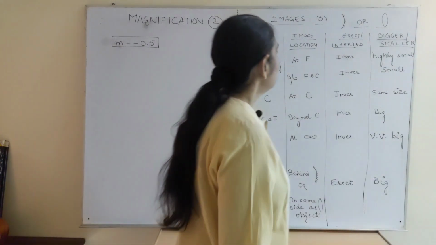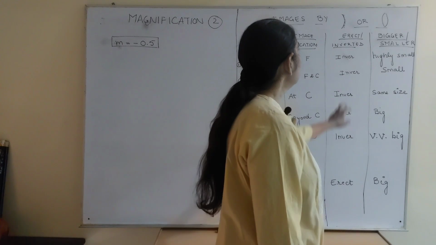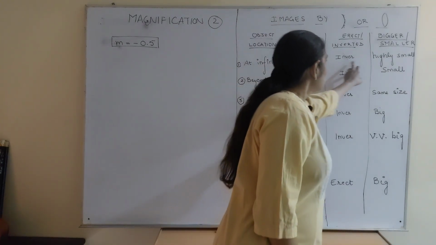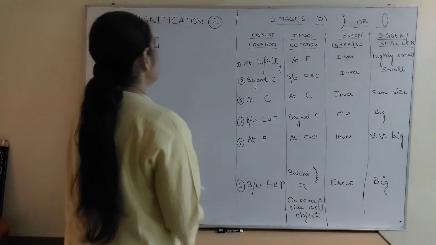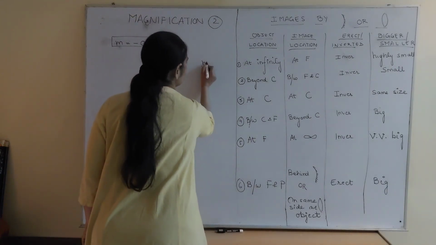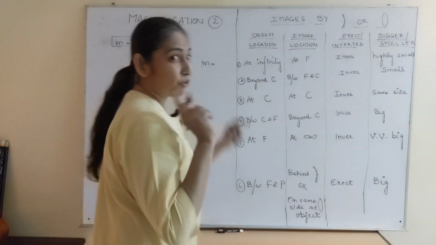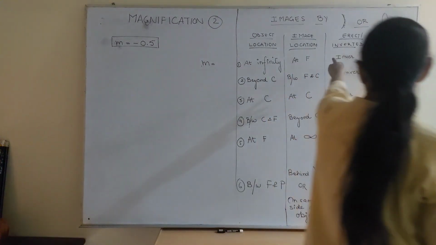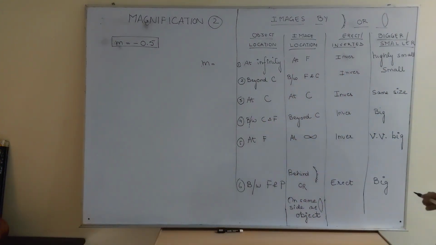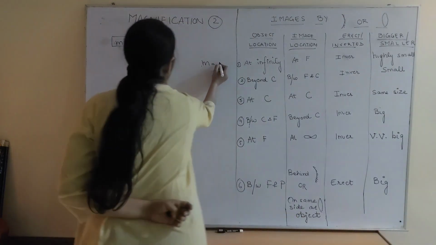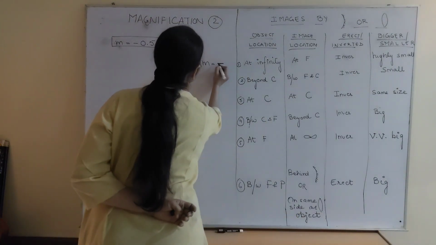Now, from here only, what can you tell me about m? We've already done it. We are seeing that the image is inverted and very small. Inverted, we know that the magnification sign will be minus.